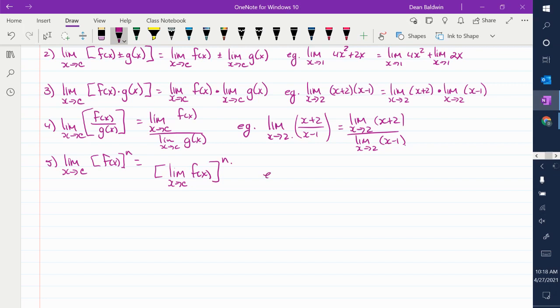So I could go, limit as x goes to 2 of x plus 5 all squared. I could just go, well, the x plus 5 is easier to deal with, and then raise it to the power.